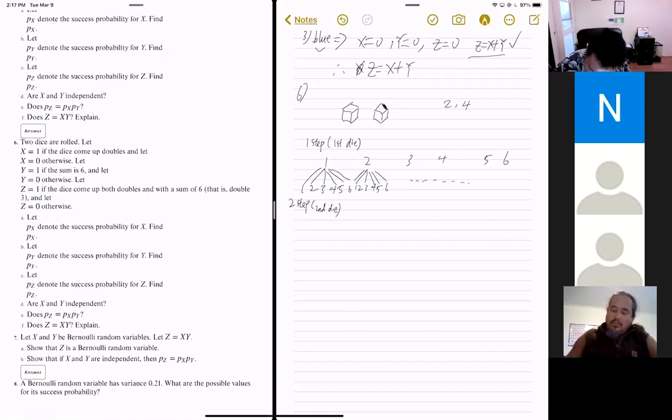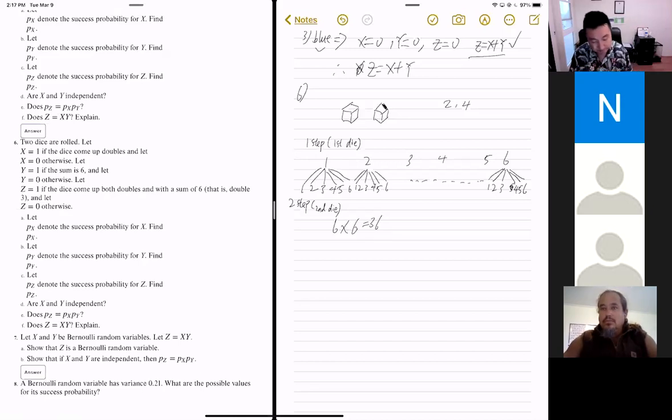And same thing for 3, 4, 5, and 6. So how many possible outcomes totally? That's 2 steps. The first step, we have 6 possible outcomes. And for each of the 6 possible outcomes from the first step, we also have 6 outcomes. So that's 6 times 6 equals 36 possible outcomes.